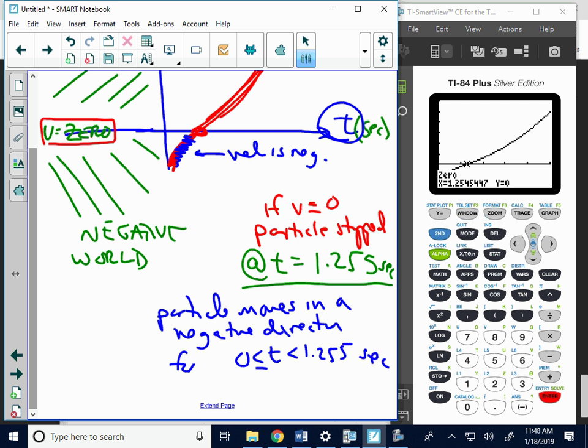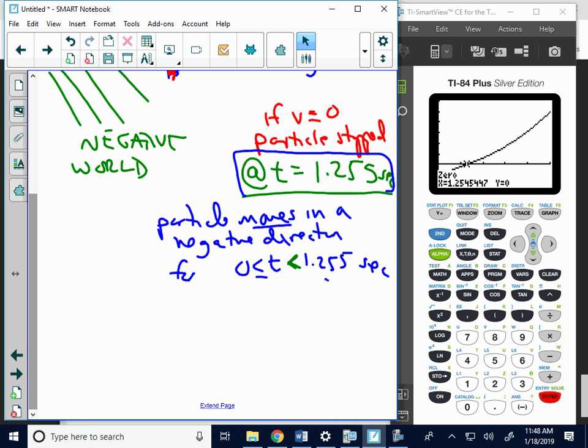Note by the by, if this is our time when we're stopped, you cannot say the particle is moving at that time, right? So that's why I have this strict inequality here. And for all times less than that, we know the particle is moving in a negative direction. And for all times greater than that, we're moving in a positive direction.